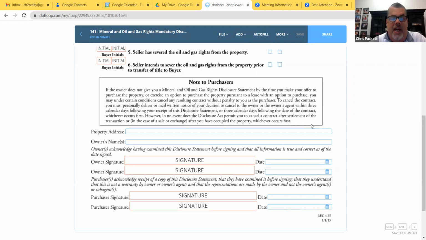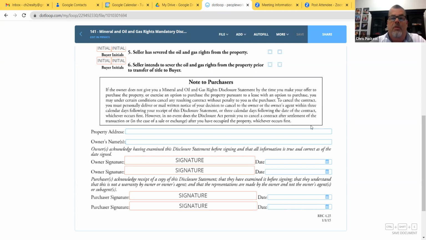To cancel the contract, you must deliver or mail written notice of your decision to cancel to the owner or the owner's agent within 3 calendar days. Calendar days are Monday, Tuesday, Wednesday, all the way through Sunday. Calendar days do include the weekend.